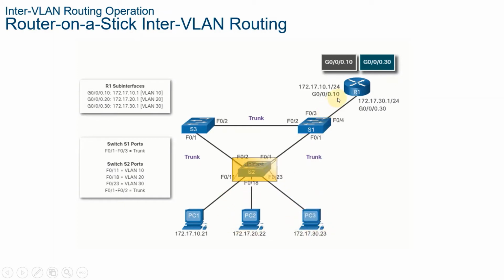So when R1 accepts the tagged unicast traffic on VLAN 10, it routes that traffic to VLAN 30 using the configured sub-interfaces. Now switch 2 removes the VLAN tag of the unicast frame and forwards the frame out to PC3 on port FA0/23 here.